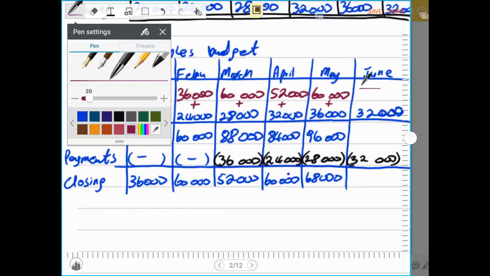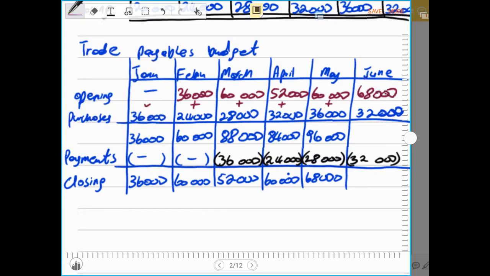For every closing balance becomes an opening balance. So now we have 68,000 plus the purchases of 32,000, that will be exactly 100,000, less 32,000, that will give us the closing balance of 68,000. So now this will be the closing balance by the end of the month of June.